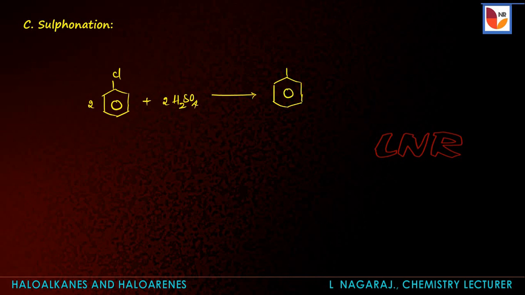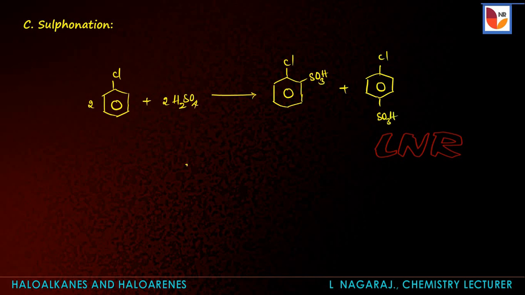That is Cl, and it is SO3, and there is one negative charge. The negative charge is neutralized by the hydrogen, so it is SO3H. And the next product is at the para position, Cl and SO3H.